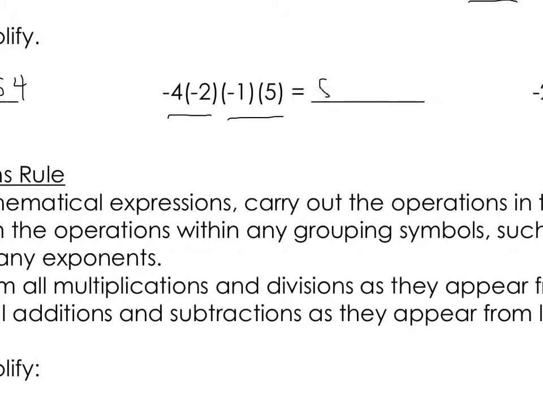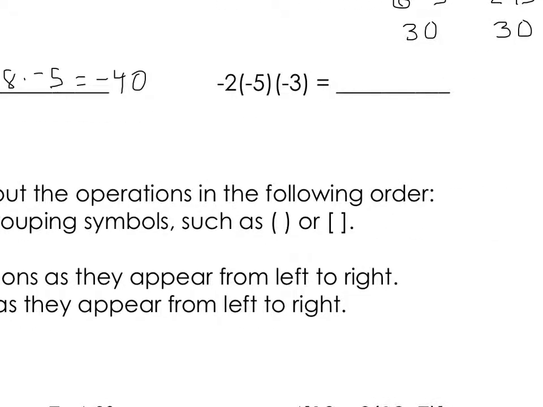So that gives us a positive 8 times a negative 5. So our final answer will be negative 40. Group these two, you get a positive 10 times a negative 3. So our answer will be negative 30.